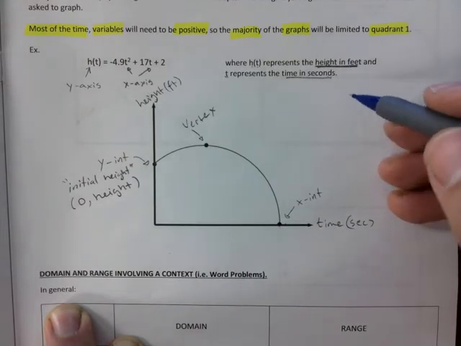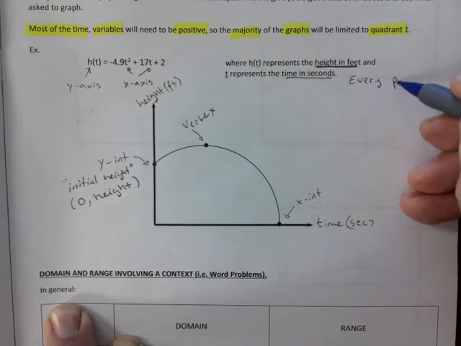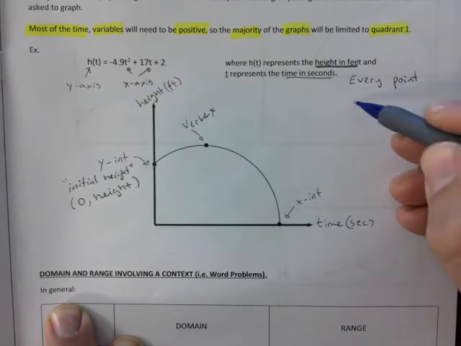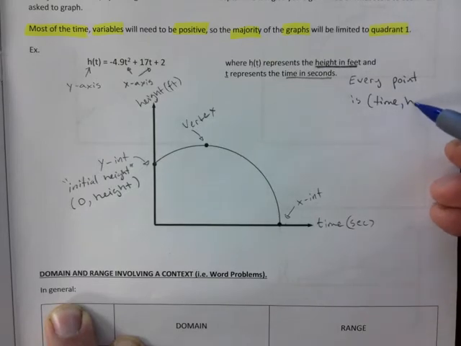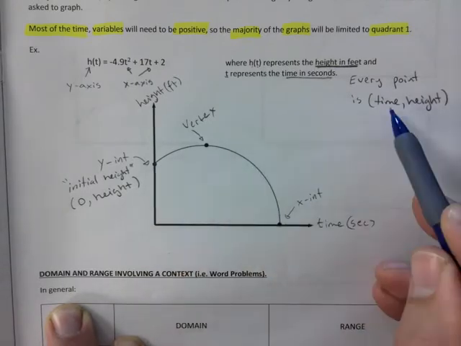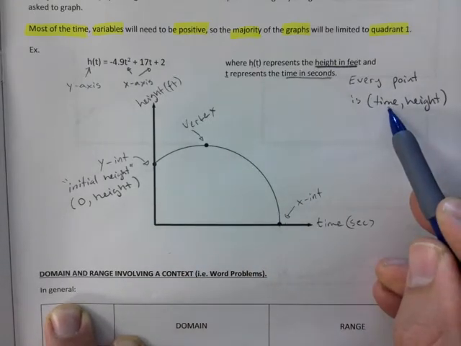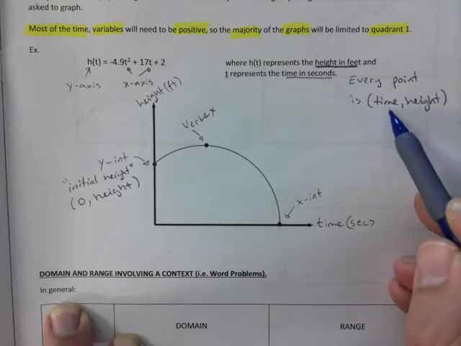Can I just say that every point is time and height, correct? Every single point on this parabola, you should know that the x value represents your time and the height associated with that time after you launch it.